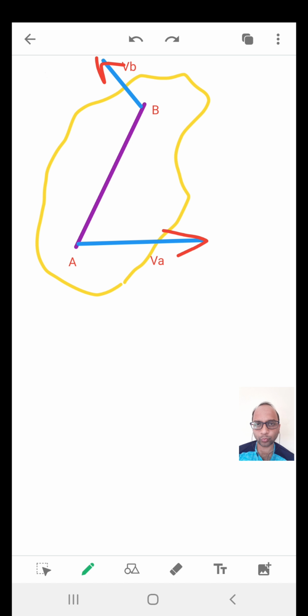we know the absolute velocity of point A in magnitude and also in direction.